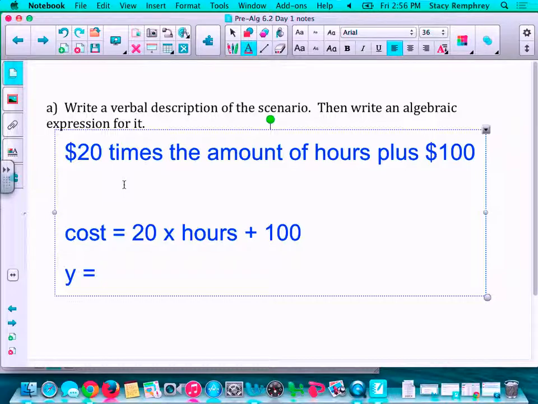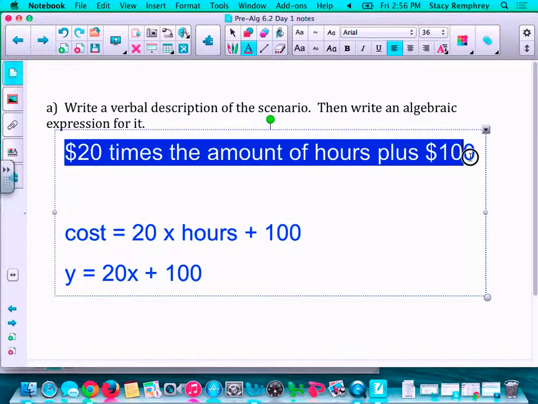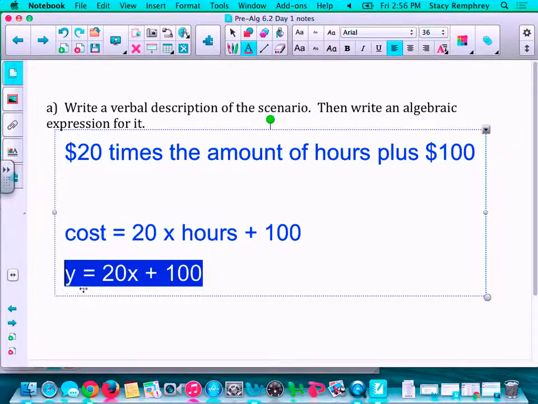Your output is always with y. 20x, x is standing for hours, plus 100. So you took a verbal scenario and you turned it into an algebraic equation. So this is it verbally, where you took all your information and said in words what you were going to do, and then you use that to make your equation: y equals 20x plus 100.